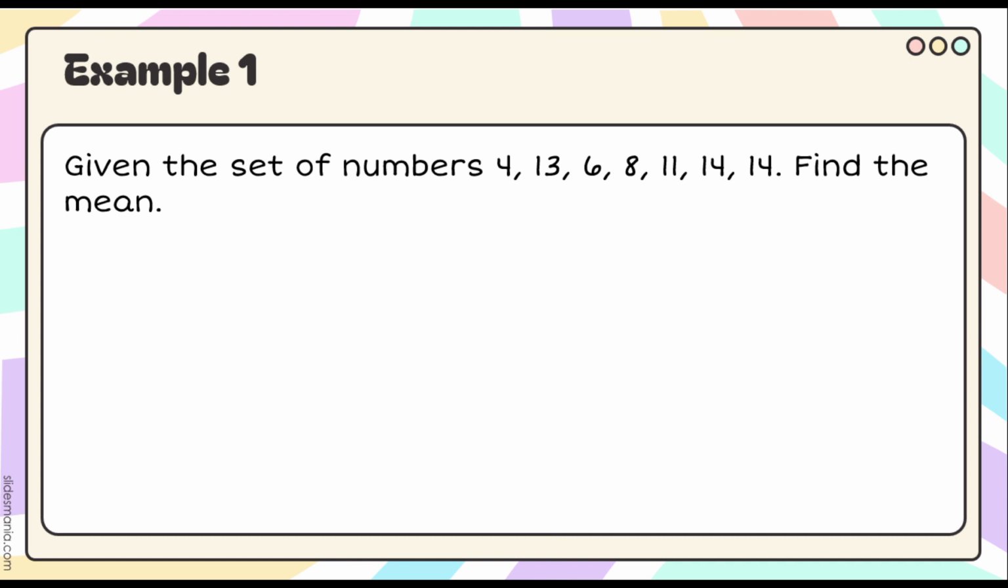Example number 1: given the set of numbers 4, 13, 6, 8, 11, 14, and 14, find the mean. Again, we will use this formula: mean is equal to summation of x divided by n. The first step is to add all the values.